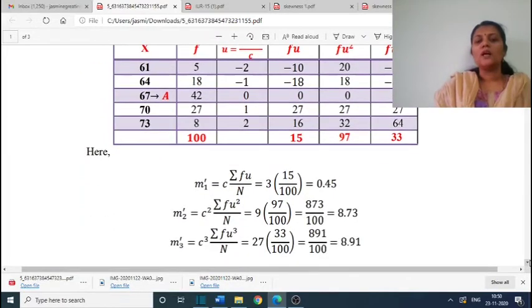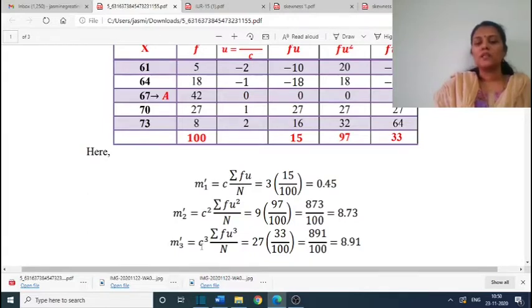Now the formula m1 dash is equal to c into sigma fu by capital N, which is equal to 3 into 15 by 100, as sigma fu is 15, which is equal to 0.45. M2 dash is equal to c square into sigma fu square by n, which is equal to 3 square, 9, into sigma fu square 97 by 100, so which is 873 by 100, which is equal to 8.73.